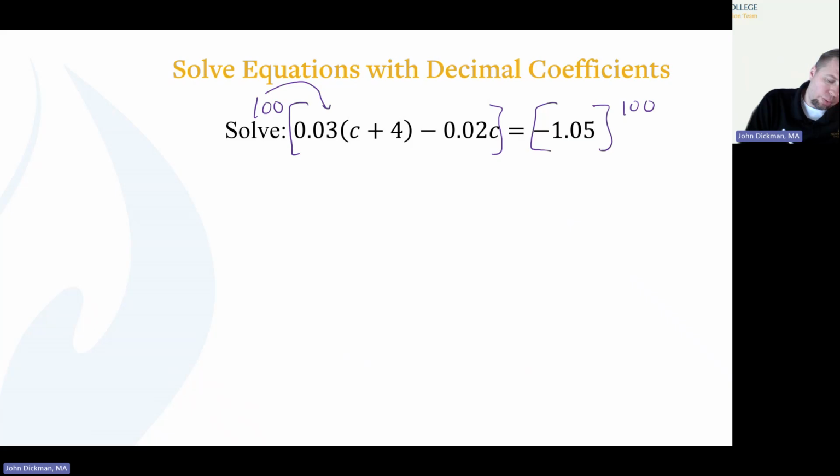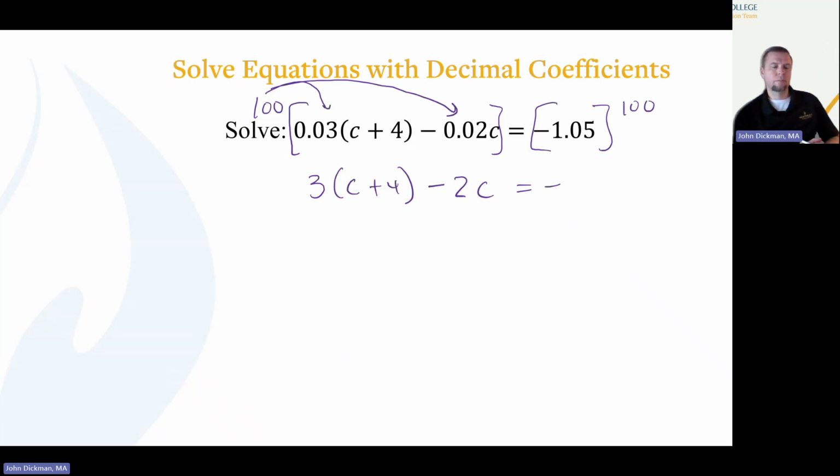So this is going to give me 3 times c plus 4 minus 2c equals negative 105. We distribute: 3c plus 12 minus 2c equals negative 105.